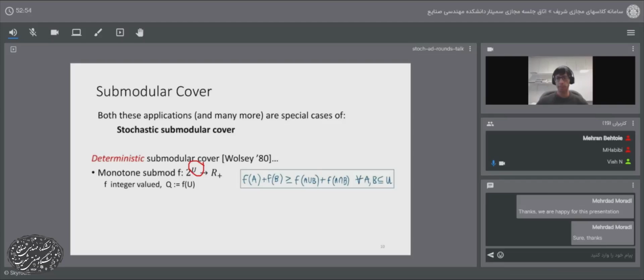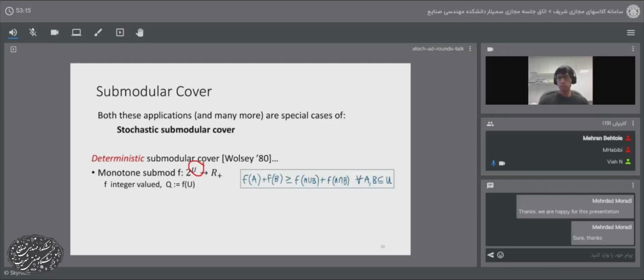And there are other equivalent characterizations of submodularity. This is one of them. And we are also going to assume that the function is monotone, which means if you take a larger subset, you have a larger function value. So these functions appear in many, many applications, and we'll see that they do capture the two applications we saw right now.